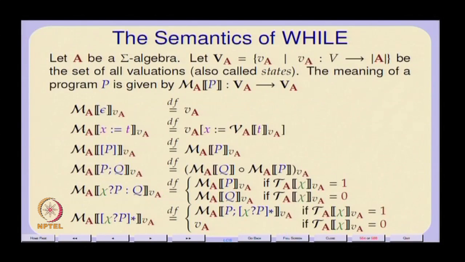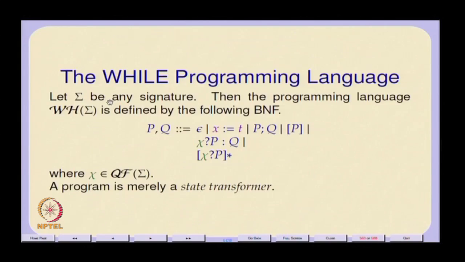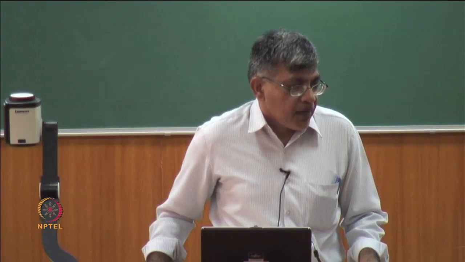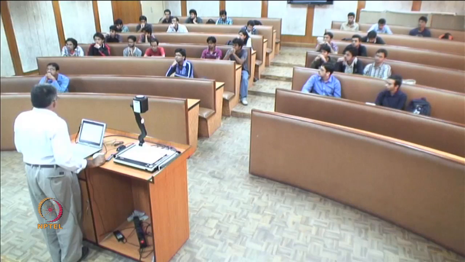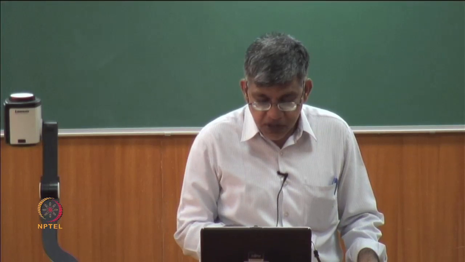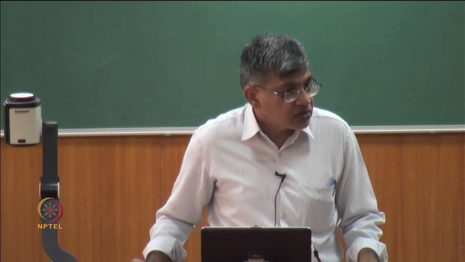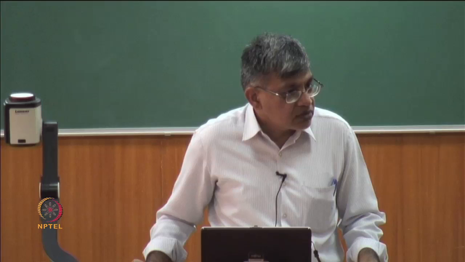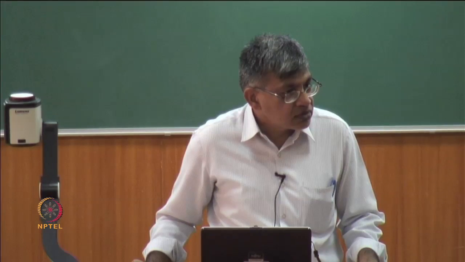Why does it, well, I chose a star because you might have 0 iterations. Yeah, but that depends on the state, right? Whether it is going to be 0 iterations or not. It depends on the evaluation of chi. So, if chi is evaluated, isn't it the first iteration?